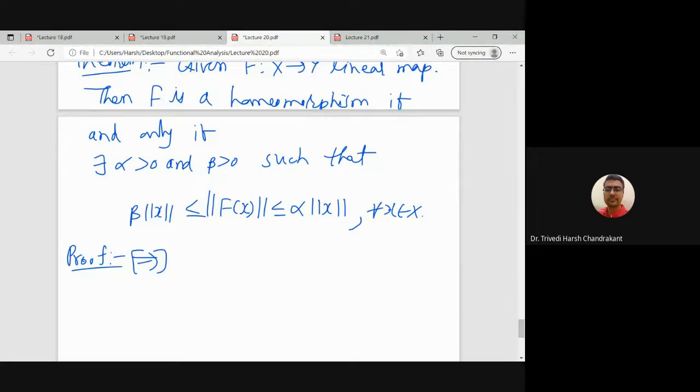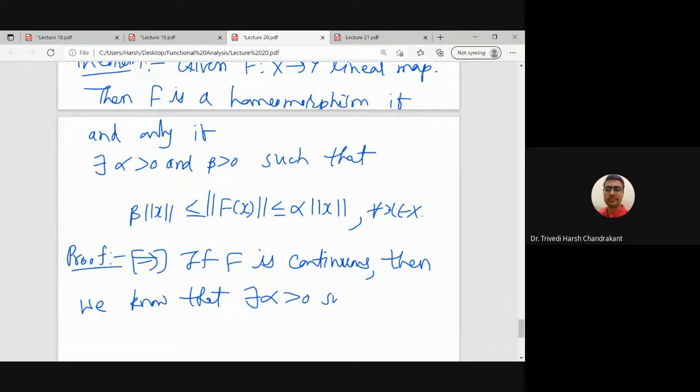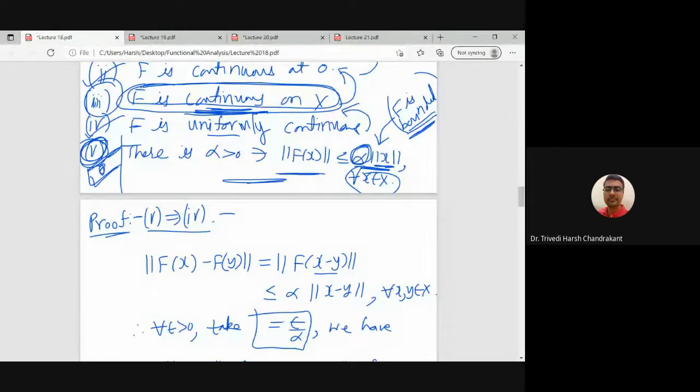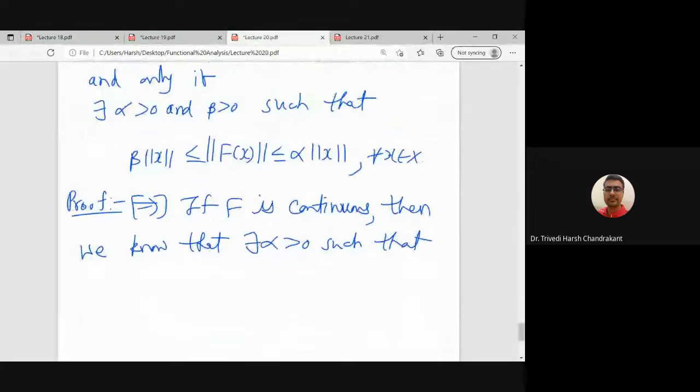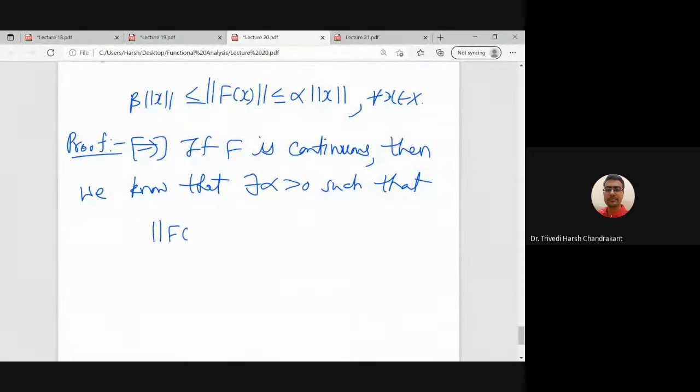One part we already know: if f is continuous, then there exists alpha greater than 0 such that norm of fx is less than or equal to alpha times norm x for every x in the domain.